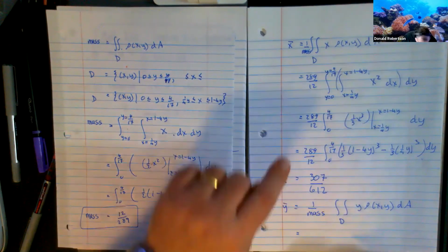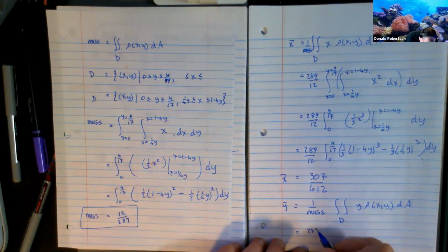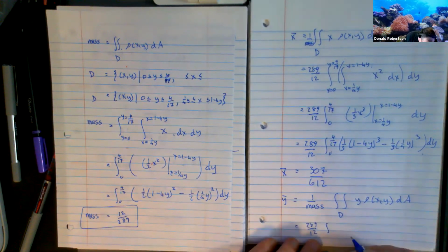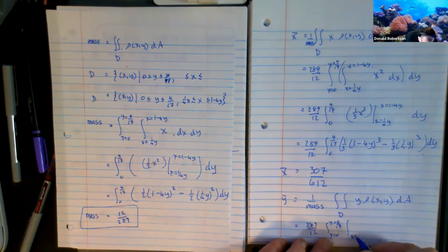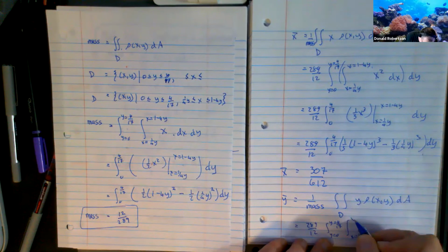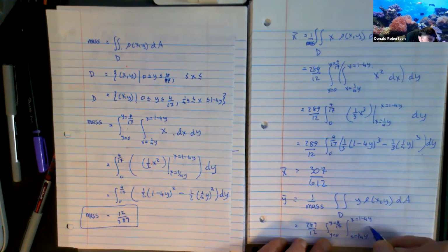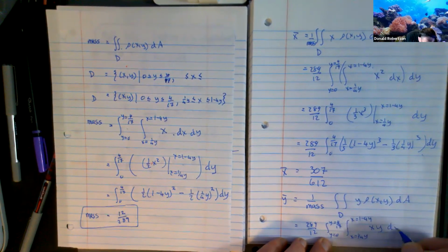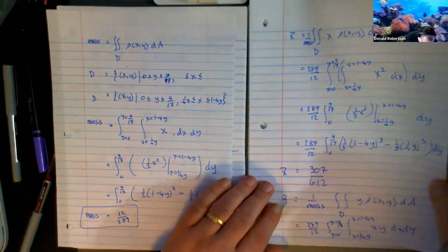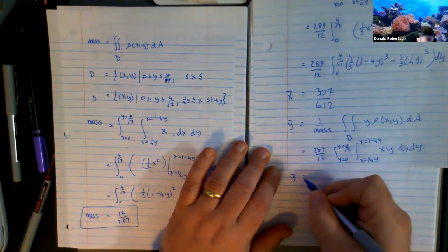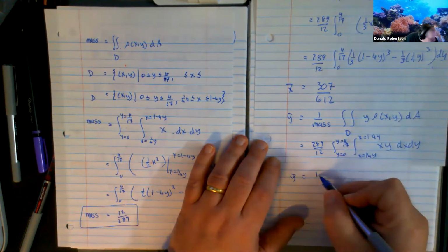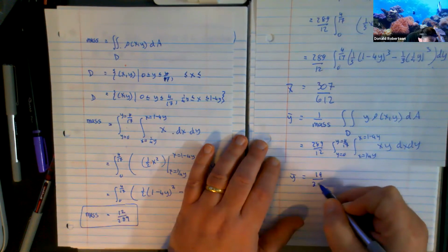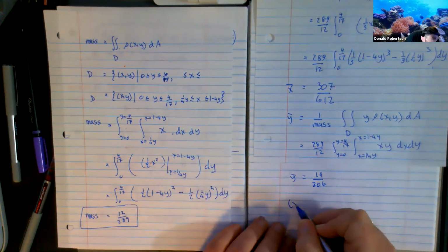And turn it upside down, you get 289/12, from y equals 0 to here, from this fella to that fella, and it would be xy that you would do. And I'm not even going to go through that one, or we'll be here all day just on one question. You'll just have to trust me that this one ends up being 19,306.